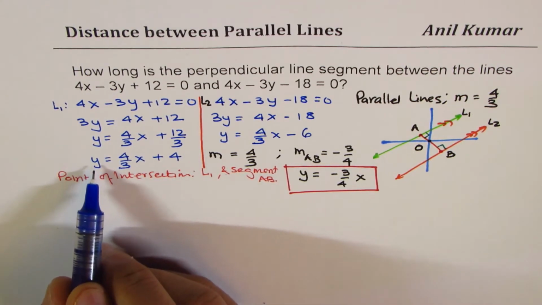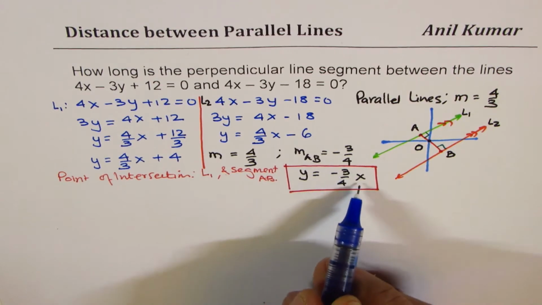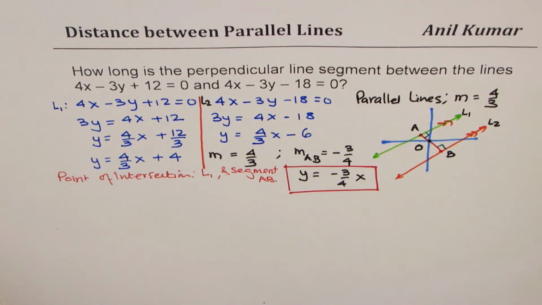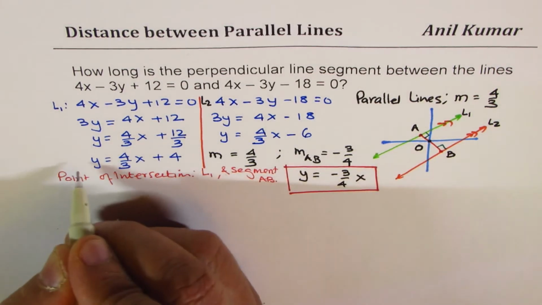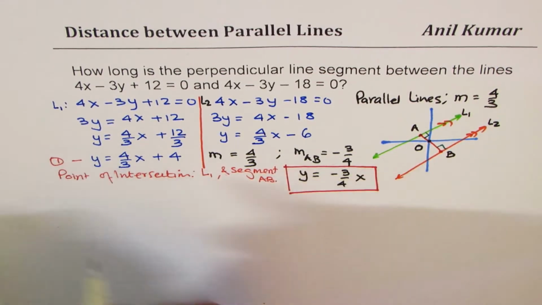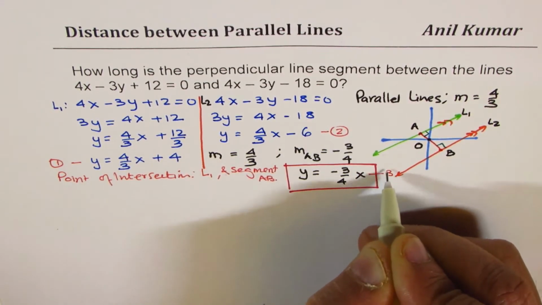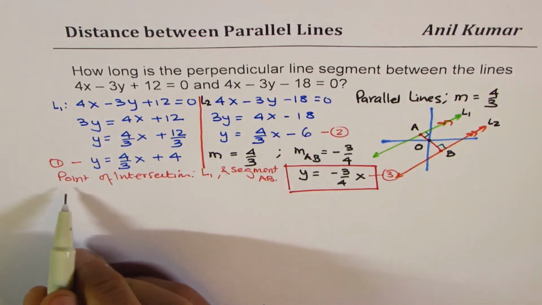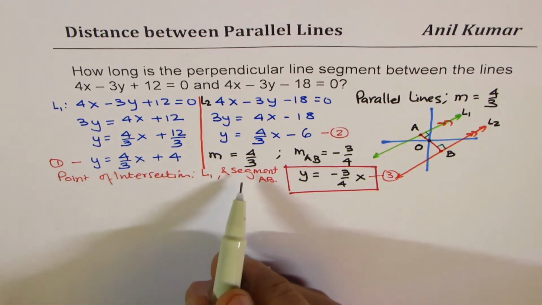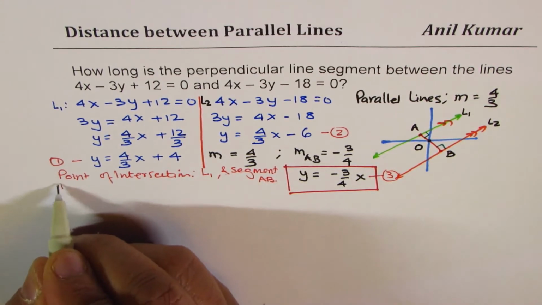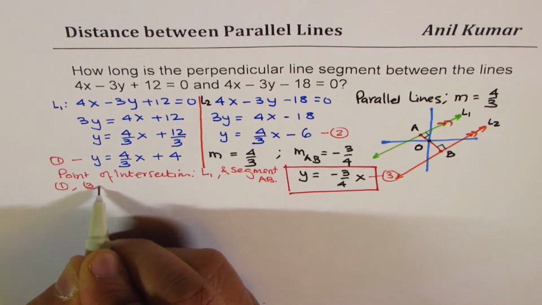So we'll replace y by minus 3 over 4 x and find x. So let me also now number these lines as equation number 1, line number 1, equation number 2, and let me call this equation number 3. So the point of intersection between line 1 and segment 3 means we are working with equations 1 and 3, correct?